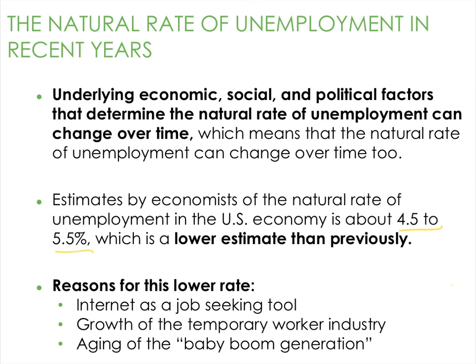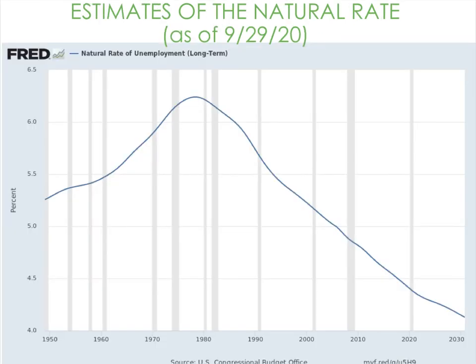So why is that? The internet has helped us find jobs and match jobs to people a lot faster. The temp industry is huge in America, and that is a way also to get around the waiting time for the job search. And then the aging baby boom generation is clearly a very big deal as well. They're just exiting the labor force in mass quantities.